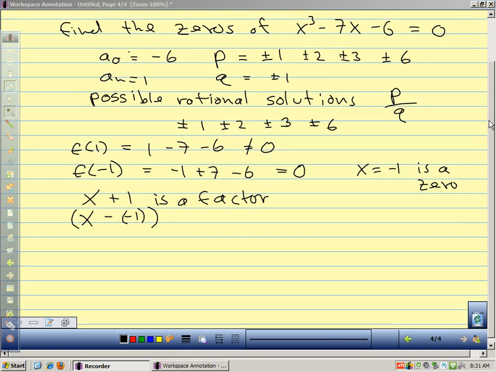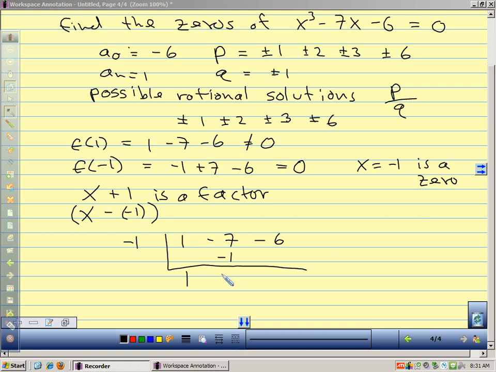So now I'm going to use synthetic division with -1 to simplify this. I put a -1 here, and I have 1, -7, -6. Oops, I forgot my x squared.